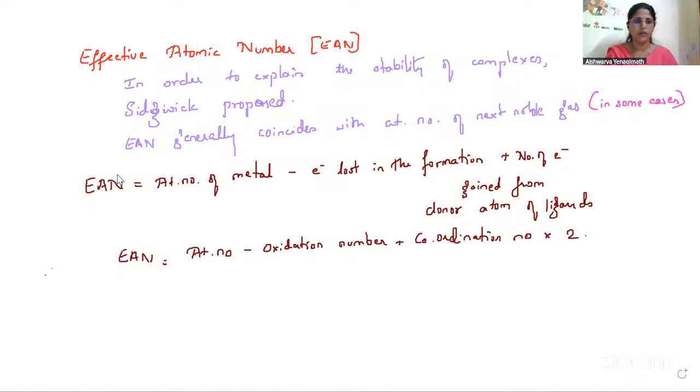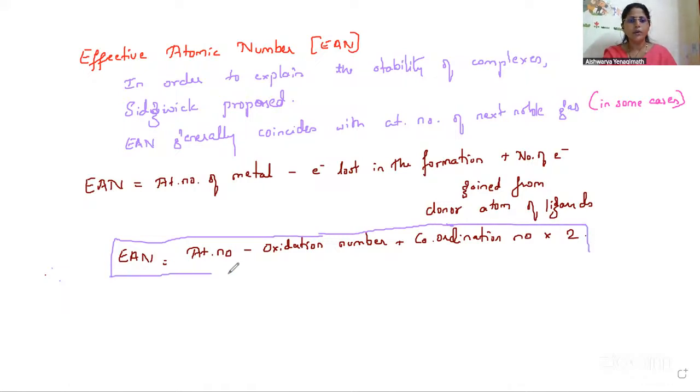This is how we write effective atomic number. Effective atomic number was proposed by Sidgwick. Here it is the atomic number of the central metal atom, minus electrons lost in the formation, that is nothing but oxidation number, plus the number of electrons gained from the donor atom, that is nothing but coordination number into 2.